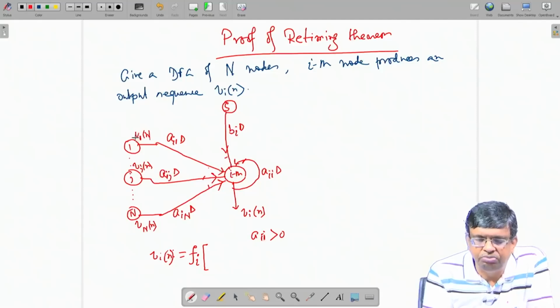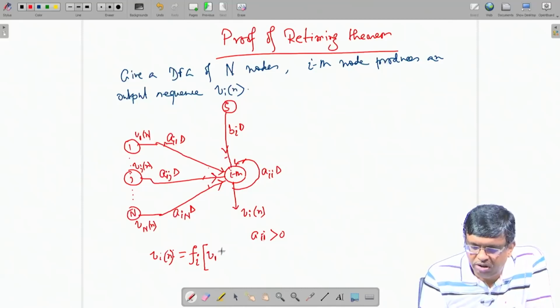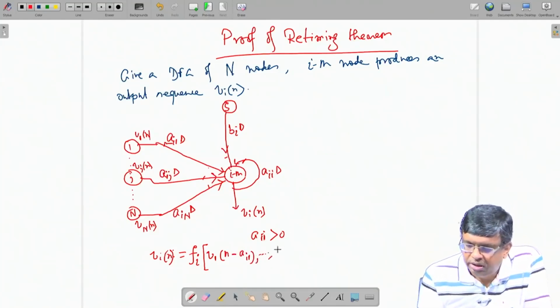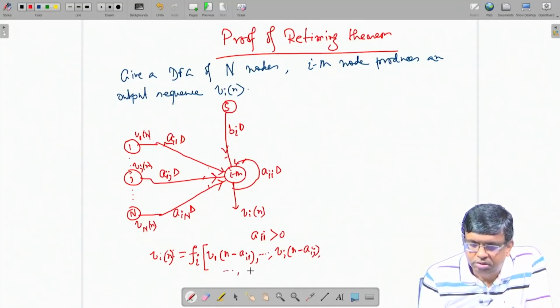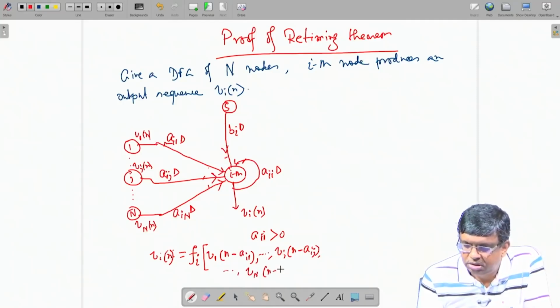What is this one? If it is V_1n, it will be a delayed version of that by A_i1 cycles, so V_1(n-A_i1), dot dot dot, V_j(n-A_ij), dot dot dot, V_N(n-A_iN).